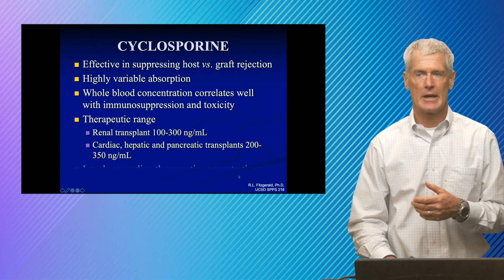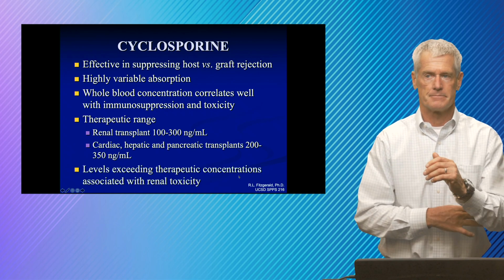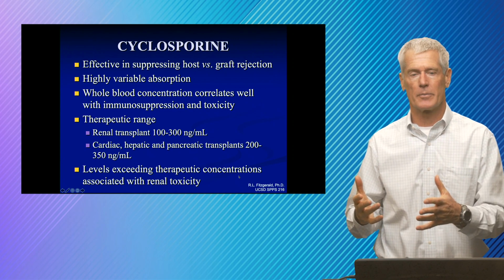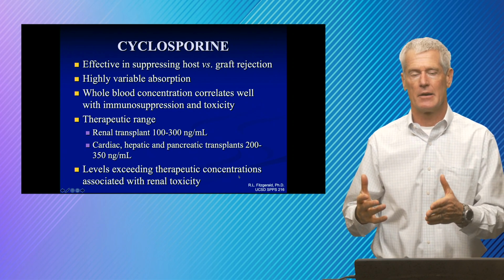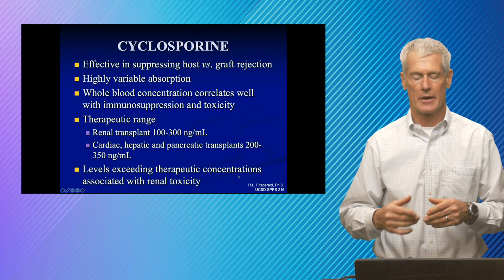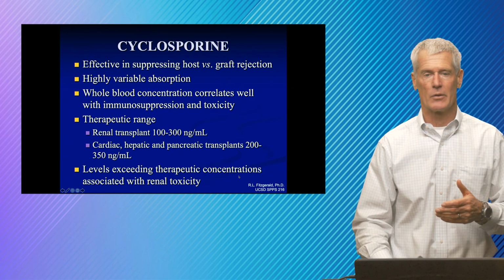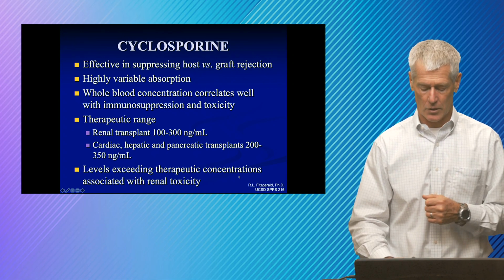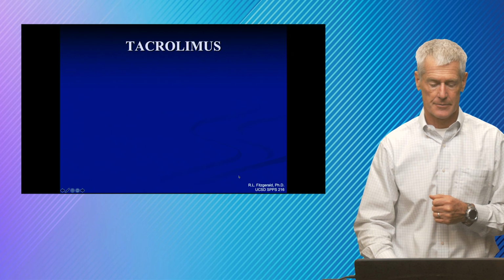Cardiac is a little bit higher. These are given to renal transplant patients, and they're also renally toxic. So we want to monitor the concentration to make sure that they're not being rejected due to too little drug, and that we're not causing actual renal toxicity.